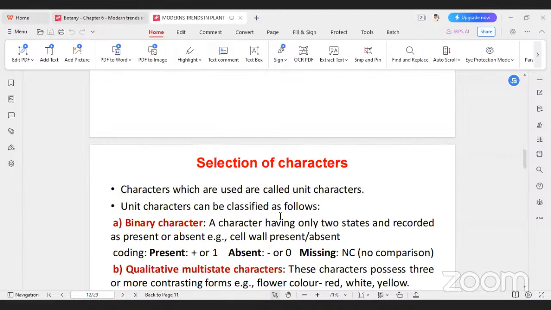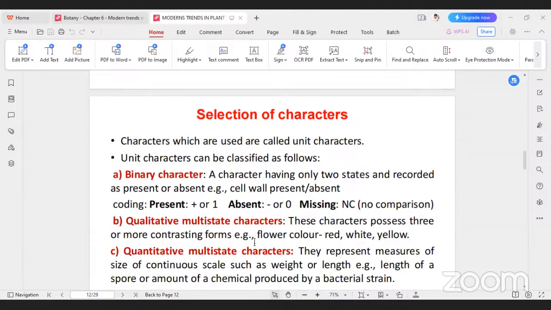First one, selection of characters. The characters used are called unit characters. These unit characters are classified into binary characters, qualitative multi-state characters and quantitative multi-state characters. First of all, what is a binary character? A binary character is a character having only two states, recorded as present or absent.